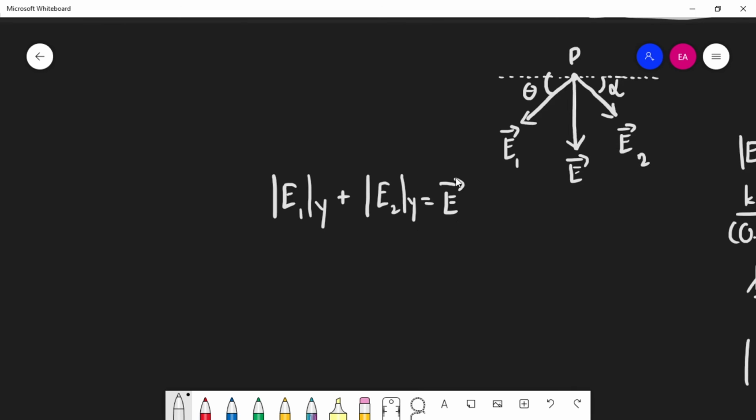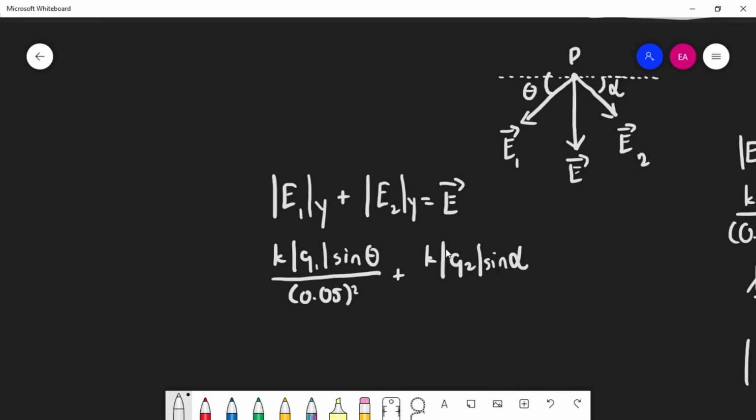This is what we want. E is what we want. So we would say that K is the magnitude of Q1 in the y direction, so sine theta all over r squared, which is 0.05 squared, plus K times the magnitude of Q2, again sine, but this time alpha, all over 0.12 squared equals E. We already have all the values that we need here.